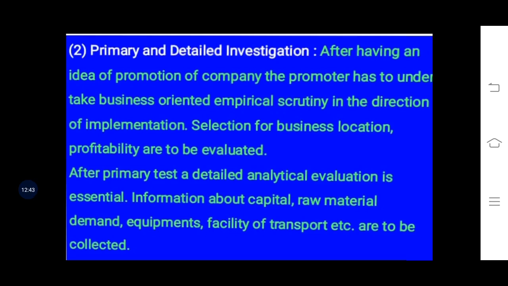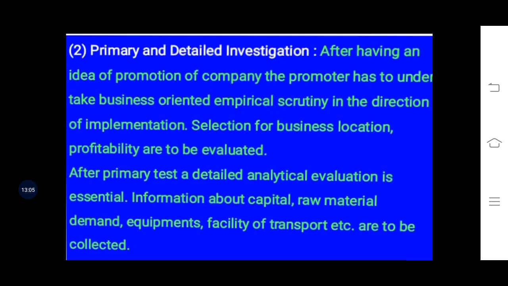After having an idea of promotion of a company, the promoter has to undertake business-oriented empirical scrutiny in the direction of implementation. That is, selection of business location and profitability are to be evaluated.